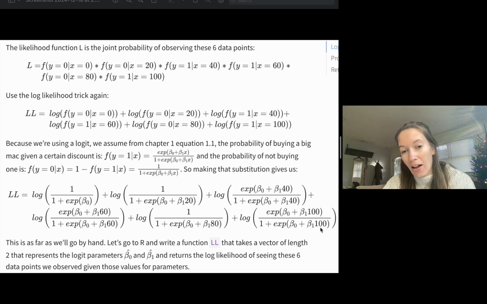If you got 100% off, put that here, 20%, 40% here, I could just drop the term because they got 0% off. So this is the log likelihood function. And this is as far as we'll go by hand because with 6 data points, it gets a little gnarly. Next, I'm going to go to R, write this log likelihood function, and then I'll show you how we can choose beta 0 and beta 1 in order to maximize this log likelihood function.